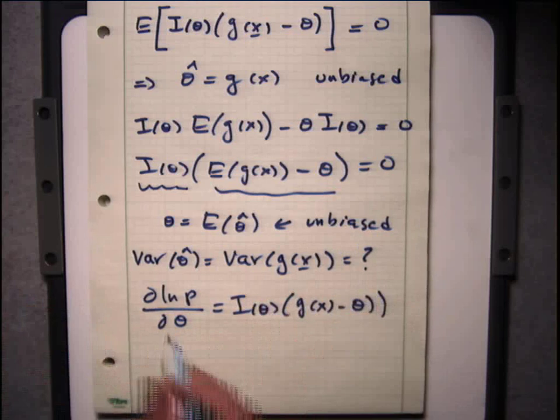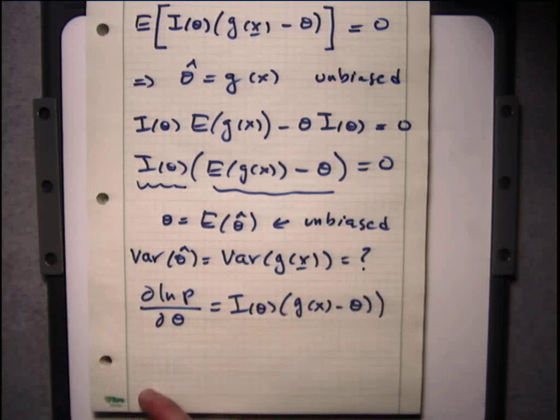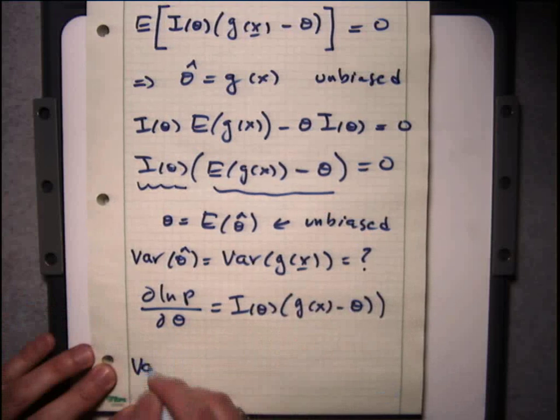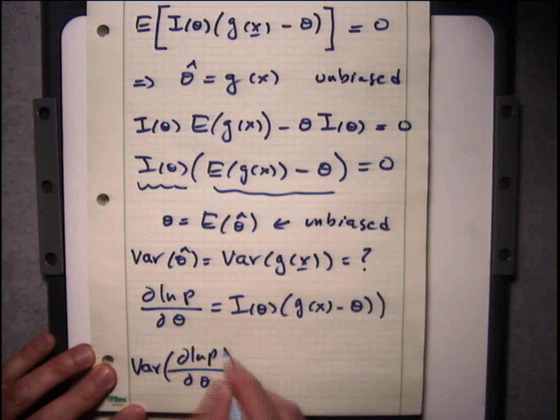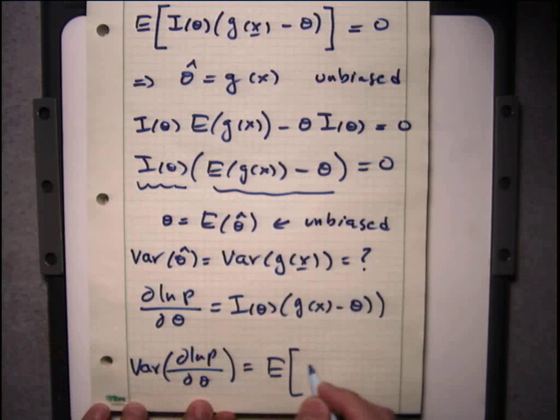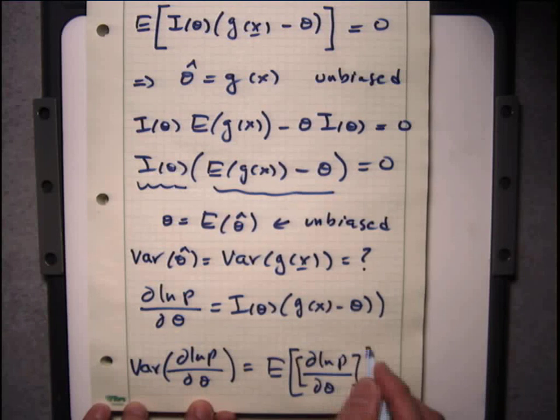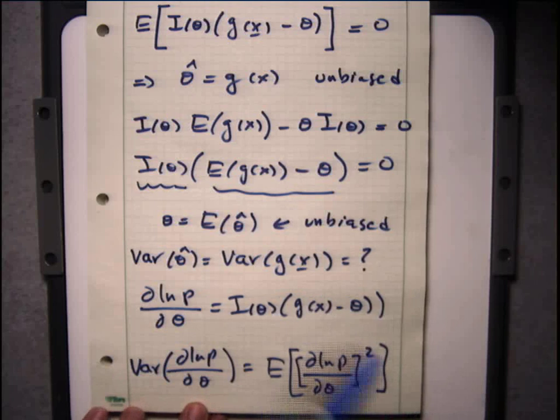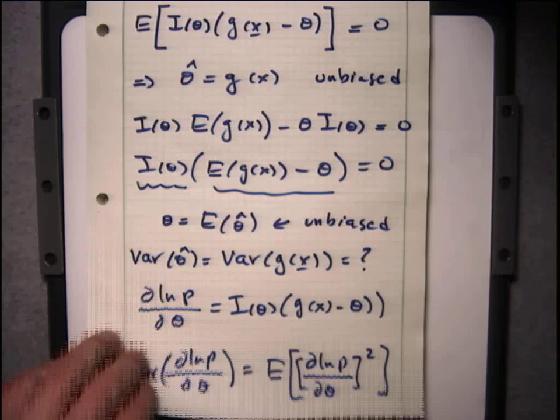Okay, and what we're going to do is compute the variance of both sides of this expression. Variance of d by d theta. If you remember the variance of this guy, this is the expected value of this derivative squared, which is in fact related to the Fisher information, right?